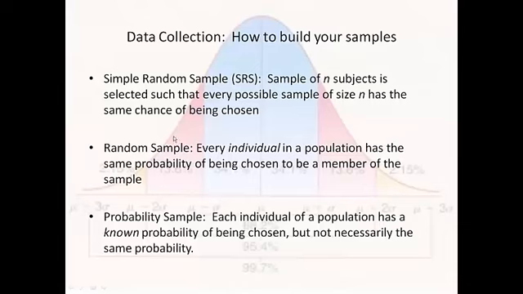Okay, so let's talk about data collection and how to build your samples. There are three basic random samples that we have to think about here. The first is a simple random sample. Let's say that I gather a sample of 5 kids to do an experiment on.